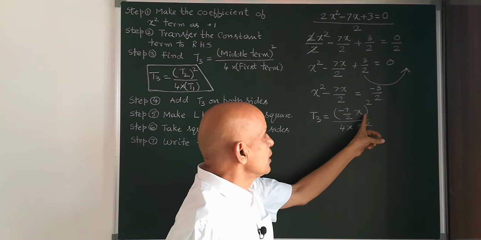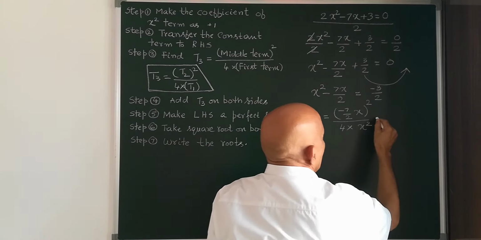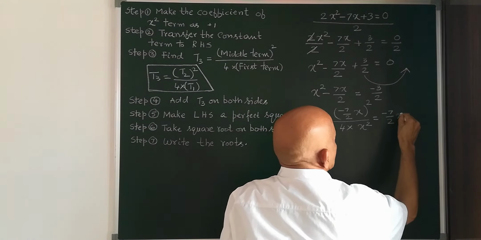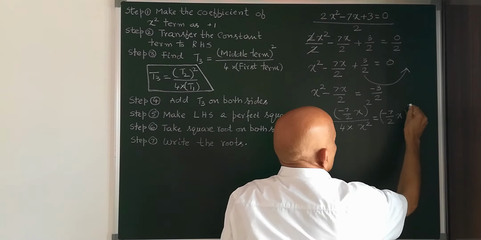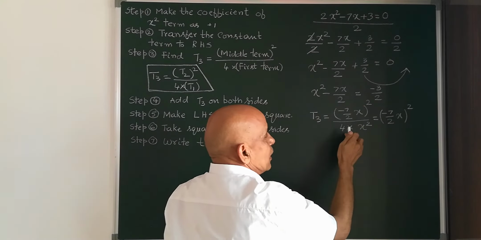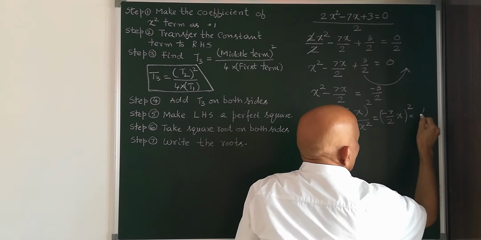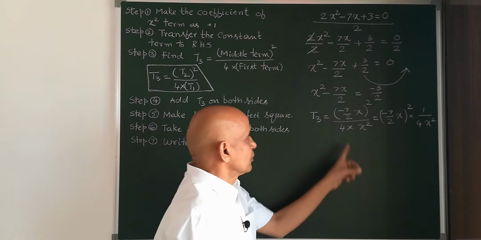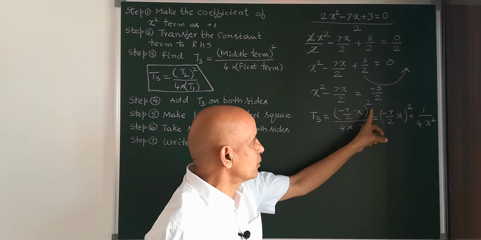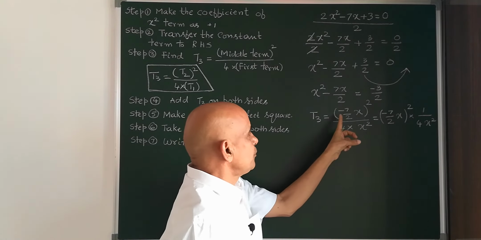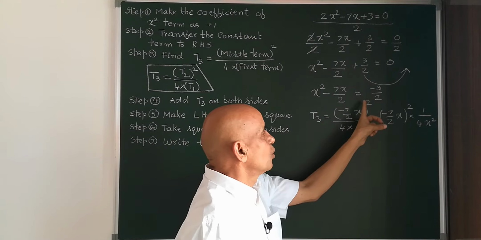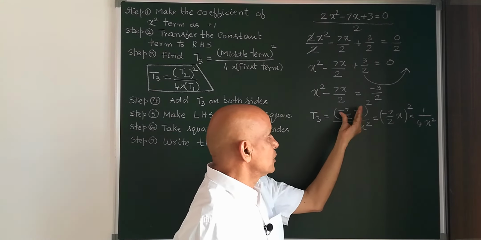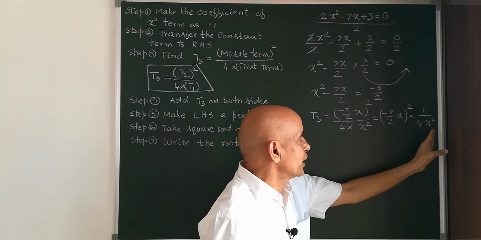To make it convenient without any confusion, I will write this as minus 7 by 2x whole square, that is numerator, and this denominator I will write this as 1 by 4 into x square. This 4x square I am writing as 1 by 4x square. Minus 7 by 2x whole square divided by this is same as this term into 1 by 4x square.